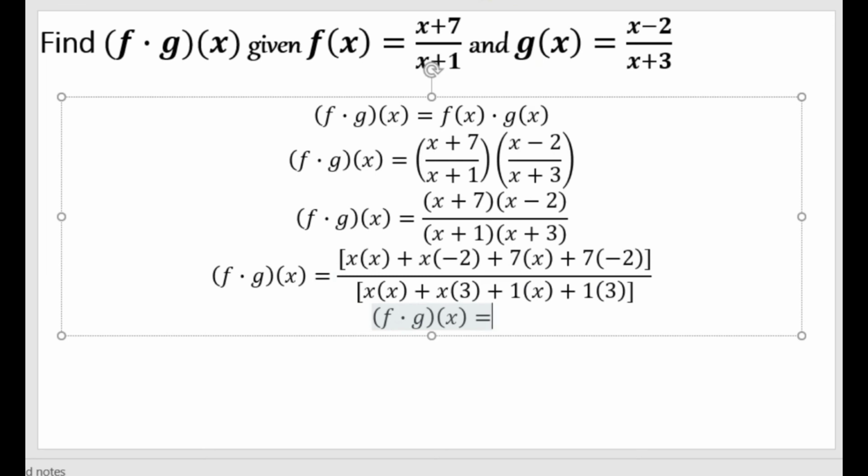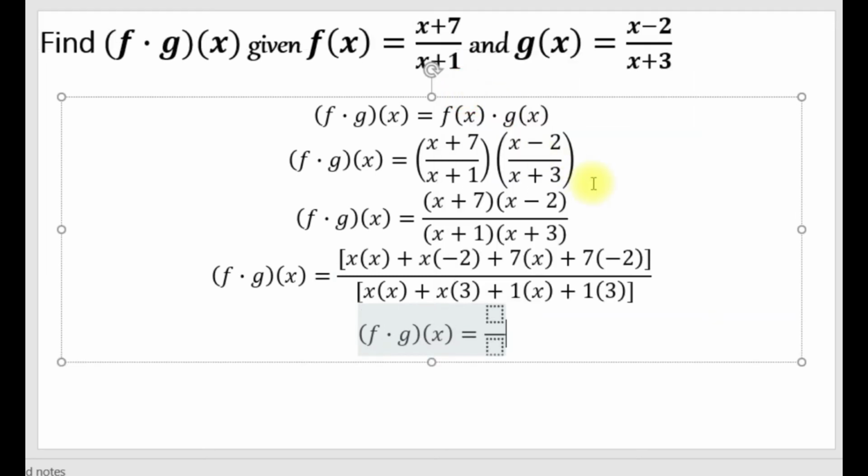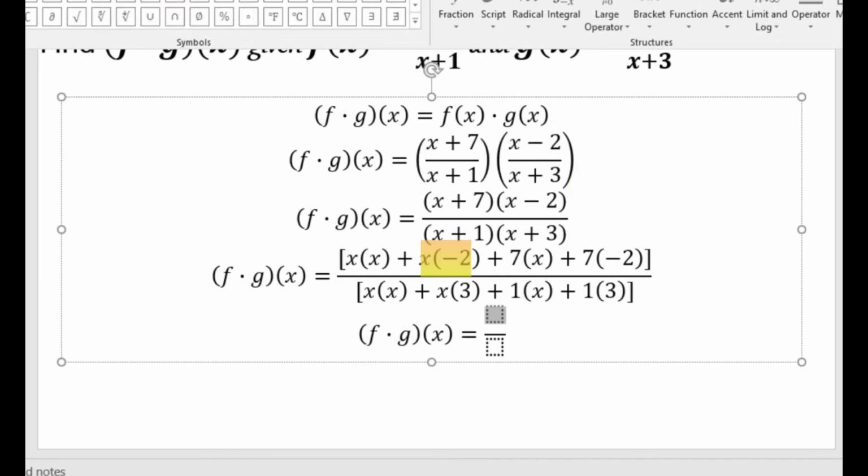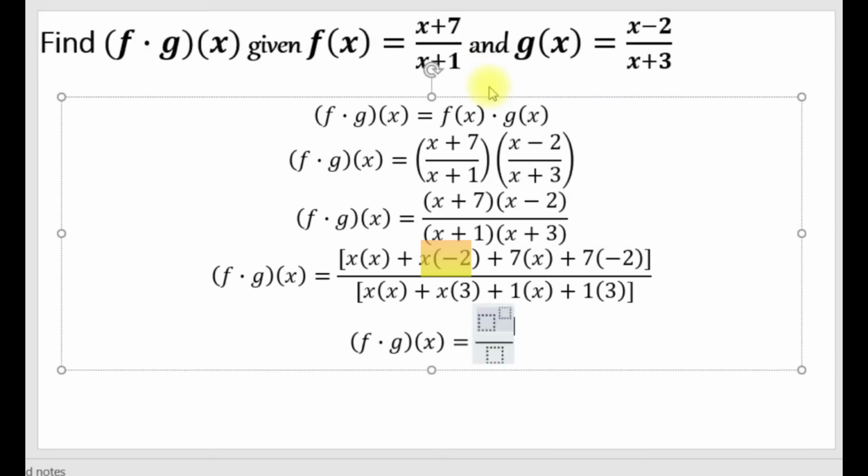That is x times x, that is equal to x squared, and then x times negative 2 that is negative 2x plus 7x that's plus 5x, and then lastly the constant, 7 times negative 2, that's negative 14.